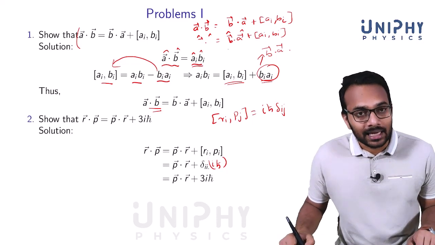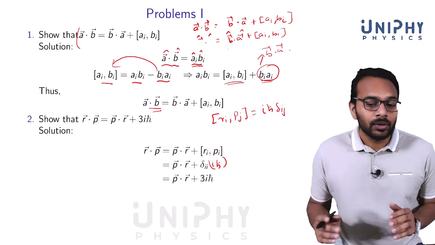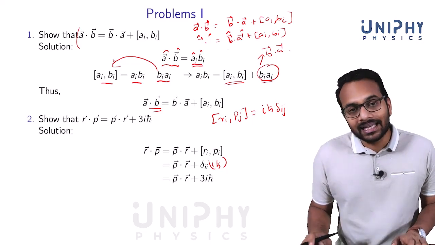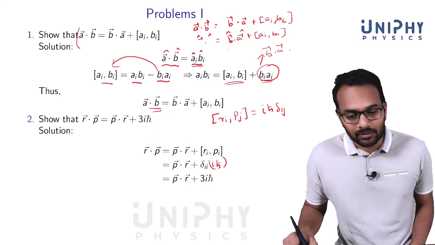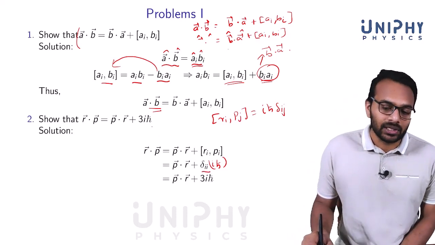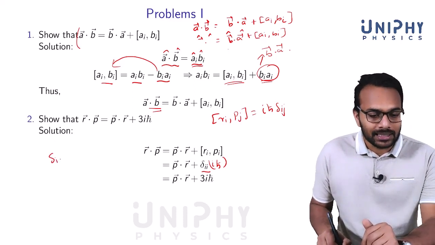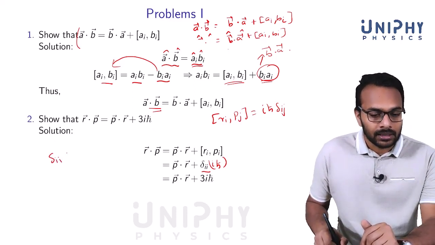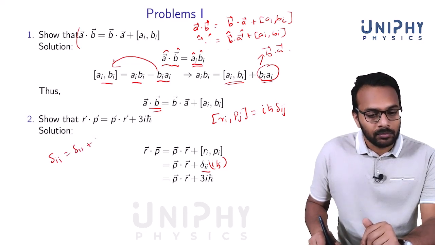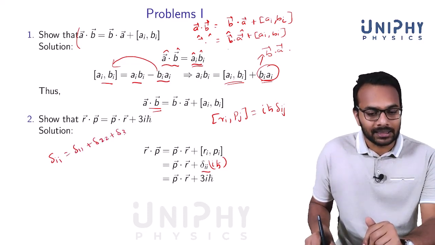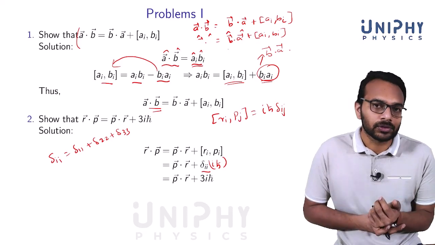And what's delta ii? Again, as we said earlier, we started with the Einstein summation convention. That means that whenever this i appears twice, you have to sum over it. So delta ii is actually delta 11 plus delta 22 plus delta 33. You have to sum over all possible values of i.